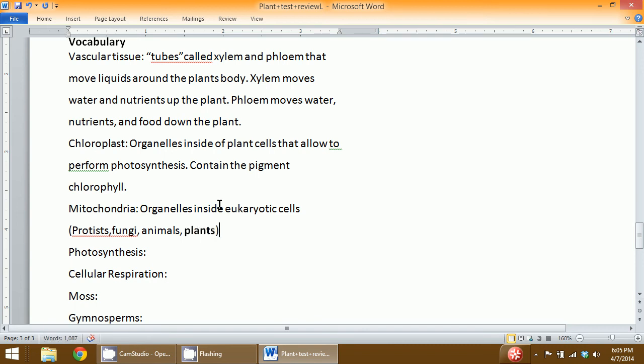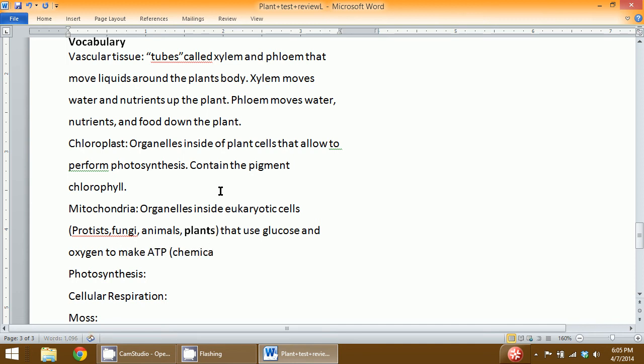It doesn't just sit there. Organelles inside of eukaryotic cells, including all of our groups, use glucose and oxygen to make ATP, which is a chemical energy molecule, and, well, carbon dioxide and water, which is, of course, the opposite of photosynthesis.